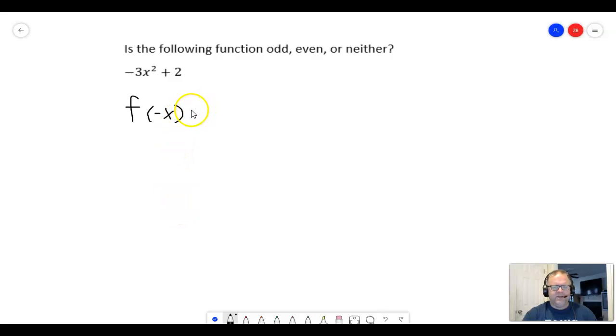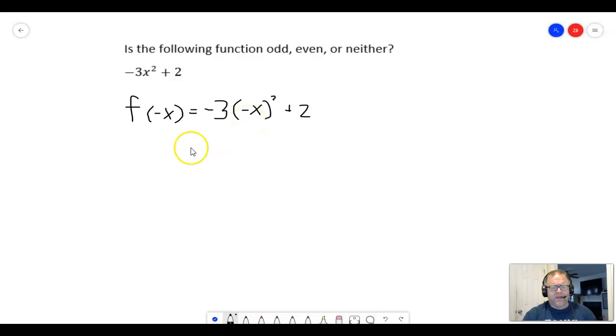So what I do is I set up the equals, and wherever there's an x, I'm just going to replace that x with a negative x, squared, plus 2. All right, now what's a negative x times a negative x? Because we do the exponent before we do the multiplication, a negative times a negative is a positive.